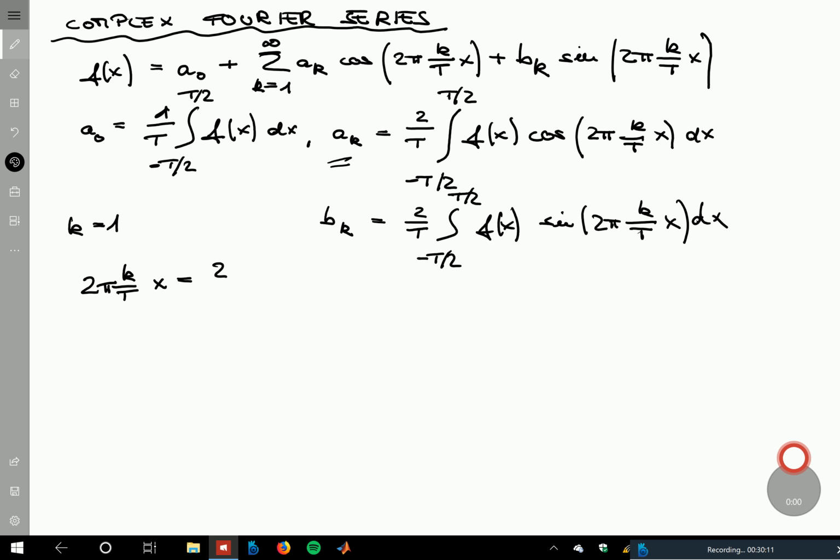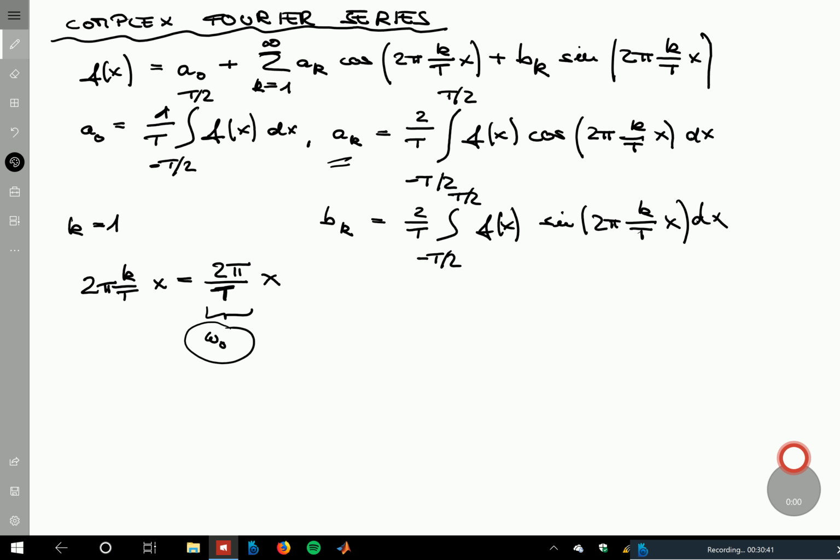If you put 1 for k, you get 2π divided by T_x, and this I'm now calling omega 0, because this is the first circular frequency that goes into the whole thing.